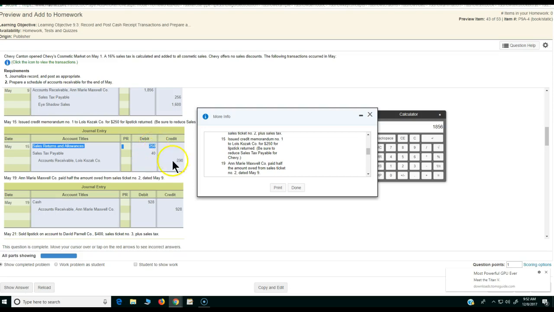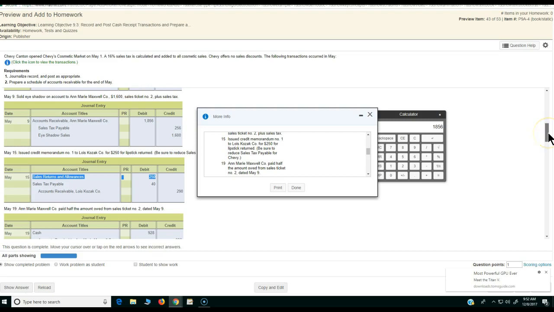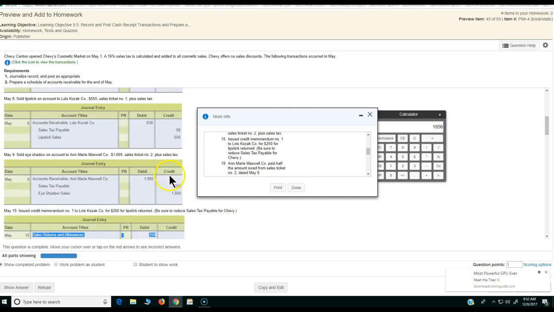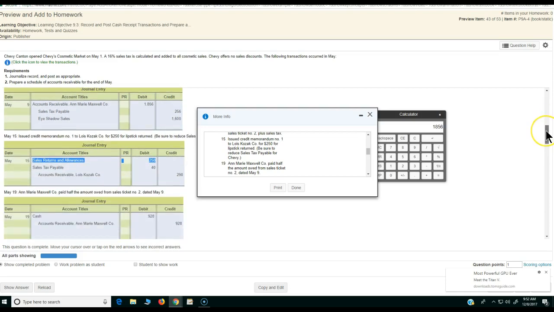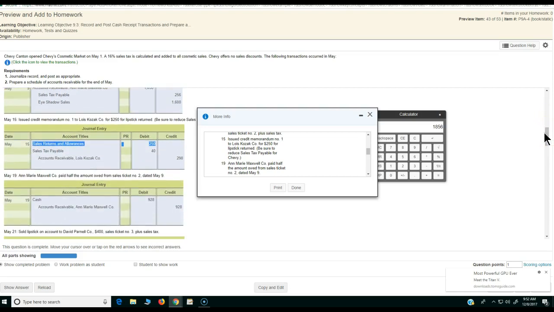And of the total sales tax that was charged, which was over here, $88, $40 of that Kozak does not have to pay to us, nor do we have to pay it to the state, because it's a return of a prior sale.